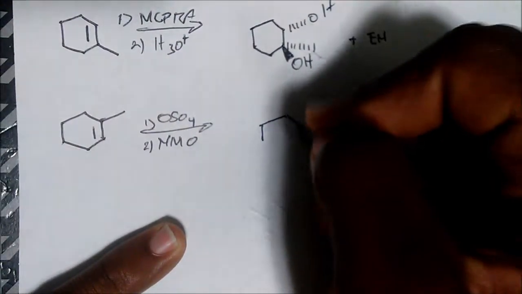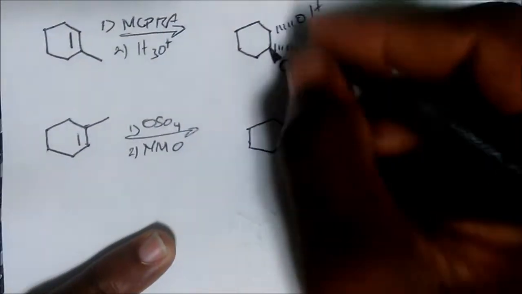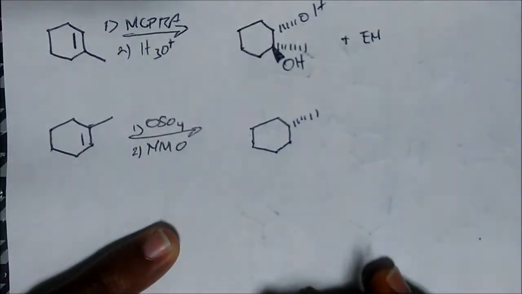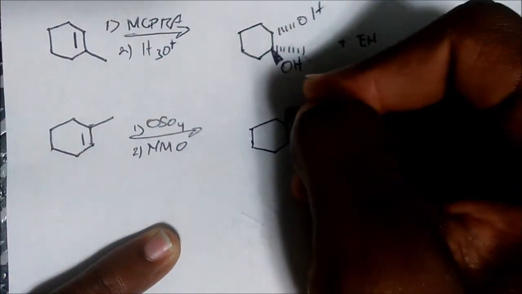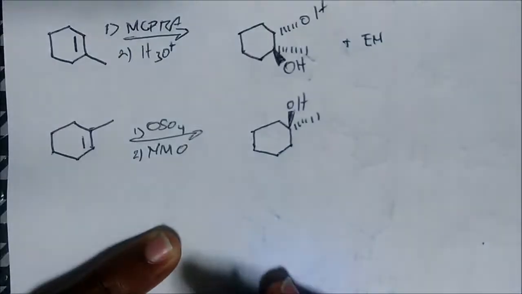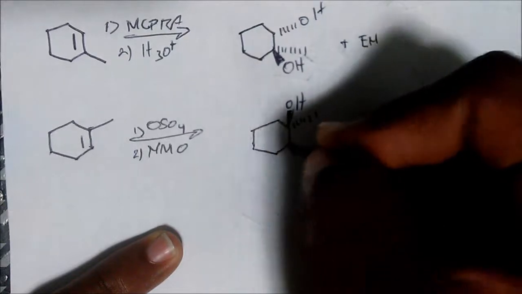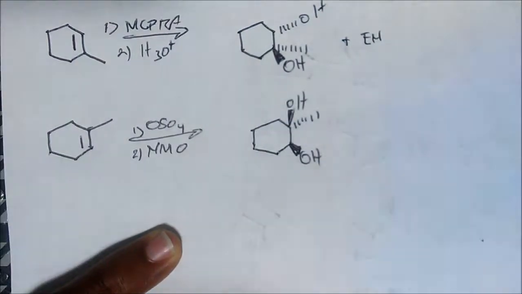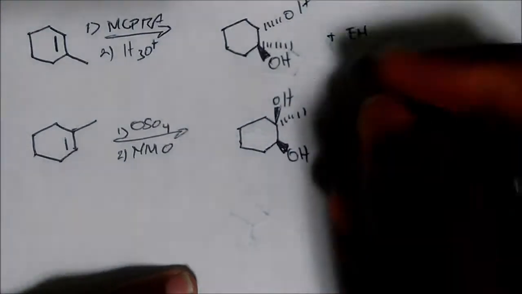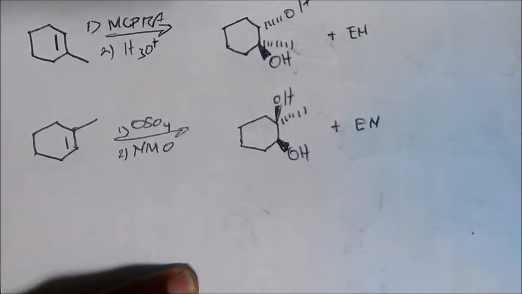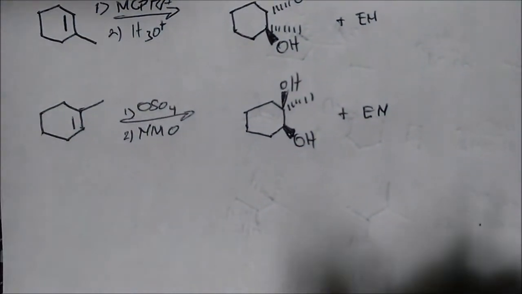So maybe we could show the methyl going away. Syn addition. The OH there coming out at you, but because it's syn, the other OH also has to be coming out at you. And because again we have chiral centers, you are going to have the enantiomers also.